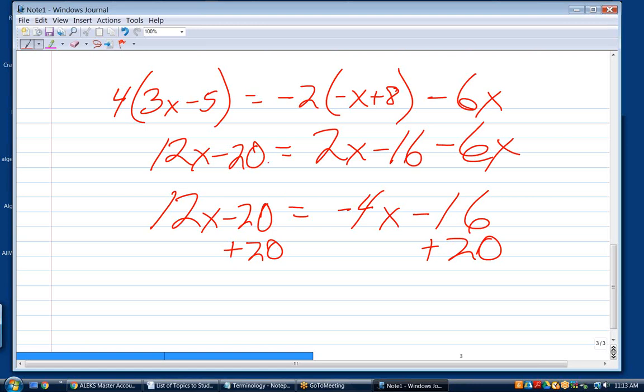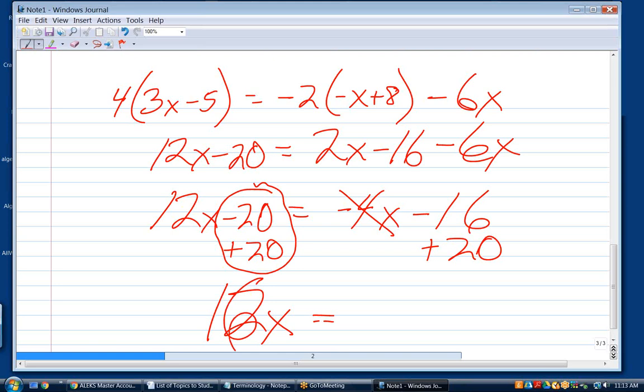Because now it's clear that those cancel one another. We got rid of that already when we moved it over. No, we didn't. Wait. Have to add. So that's 16x, and it's equal to 4.